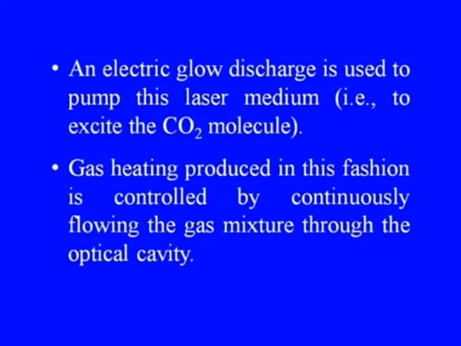An electric glow discharge is used to pump this laser medium, that is, to excite the carbon dioxide molecules. Gas heating produced in this fashion is controlled by continuously flowing the gas mixture through the optical cavity.